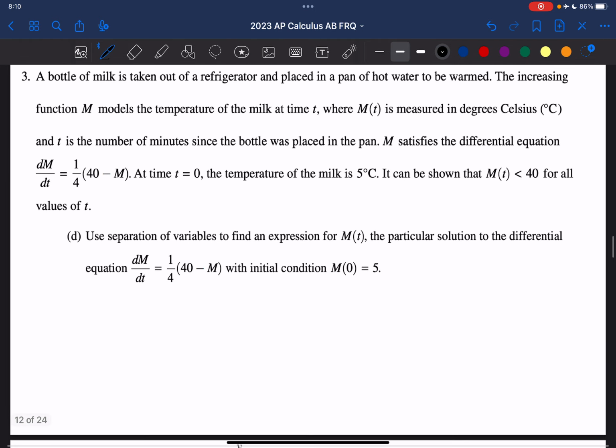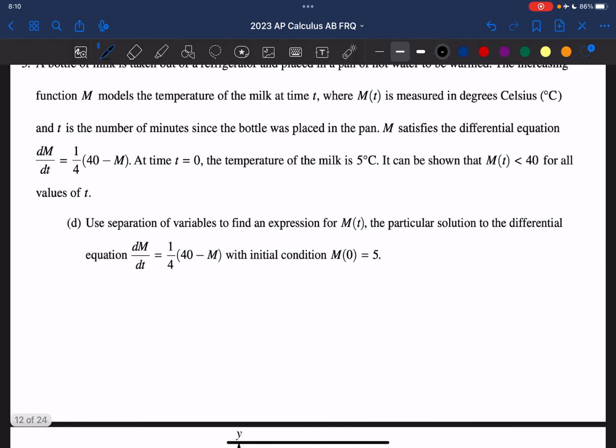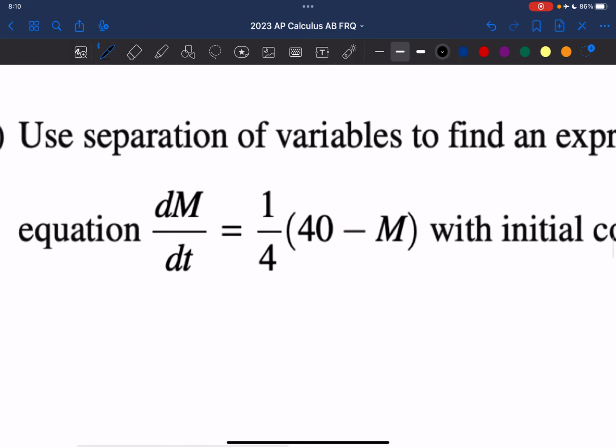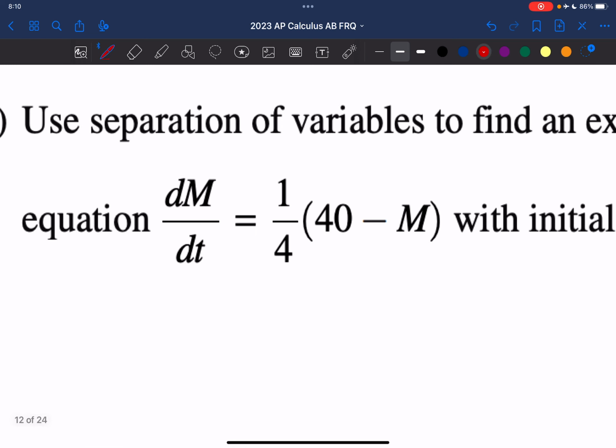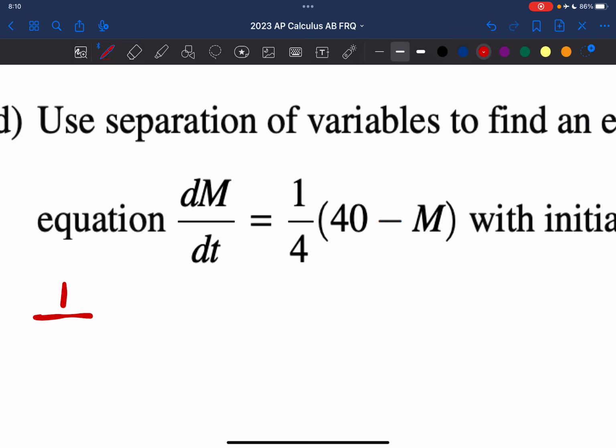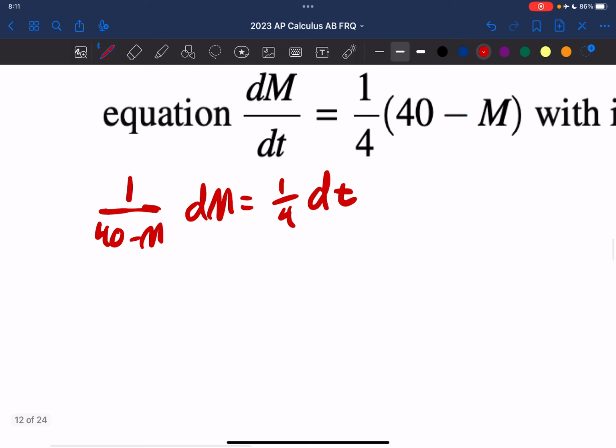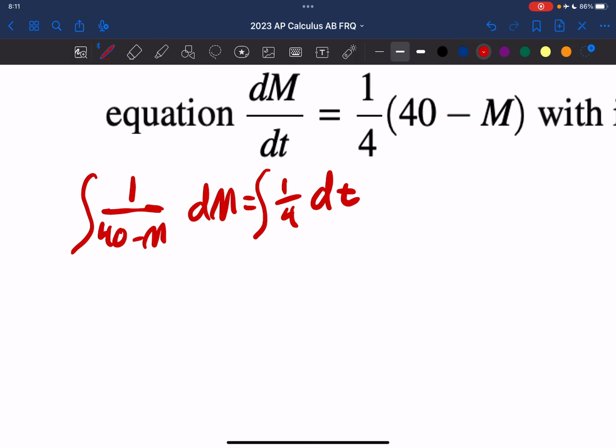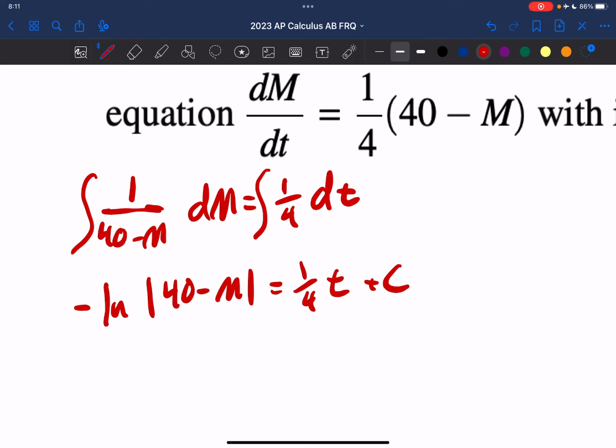And then part D, use separation of variables to find an expression for m of t, the particular solution, given m of 0 equals 5. So when we separate, we have 1 over 40 minus m dm equals 1/4 dt. Now we've had our separation. When we take the indefinite integral, we get negative ln of 40 minus m equals 1/4 t plus c.